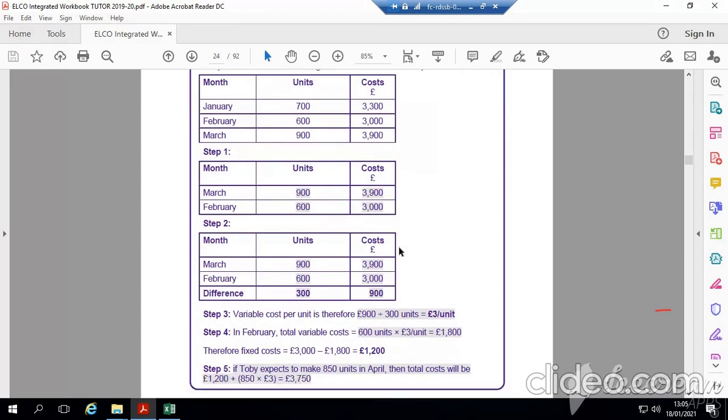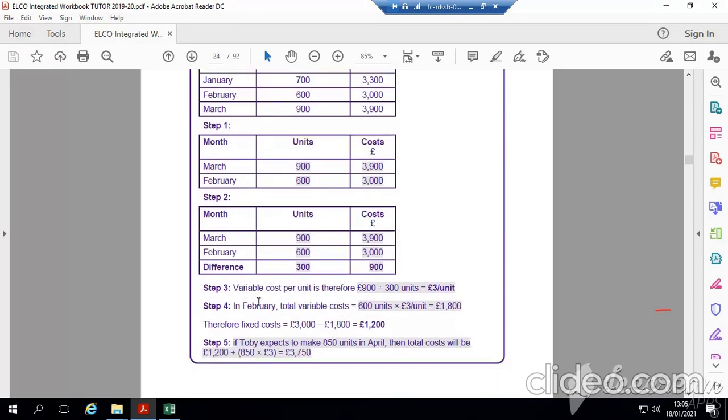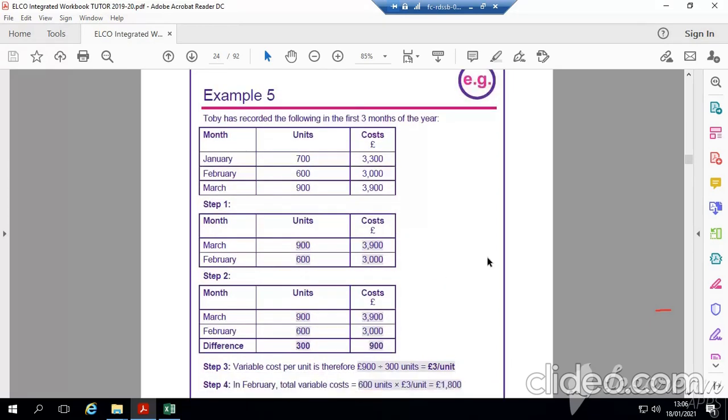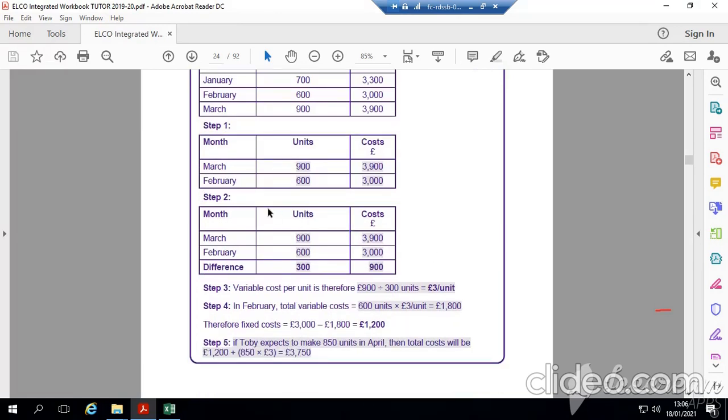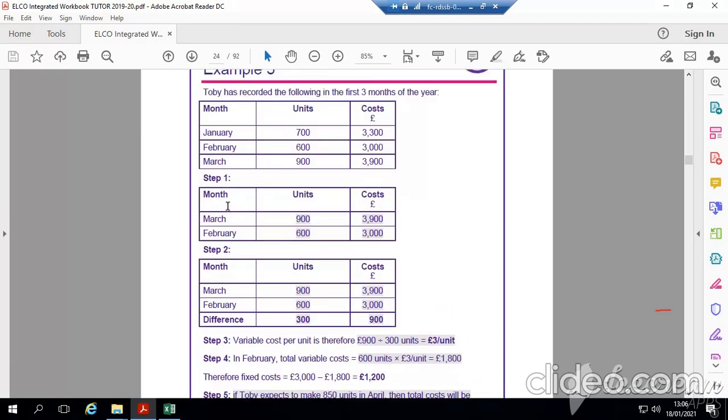If we look at the variable cost per unit, in step 2 it says between March and February.